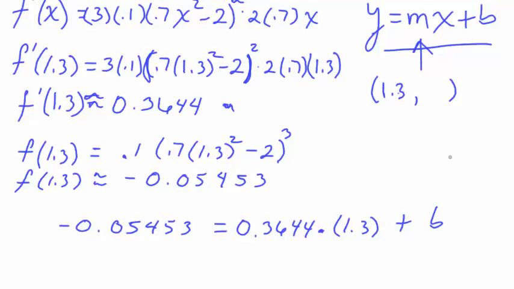Now, it's always best to use the exact value until you get to your final answer. I'll just tell you that. But of course, we were using 2 decimal places for m. We got b is equal to negative 0.53. So there's our b, and our m.